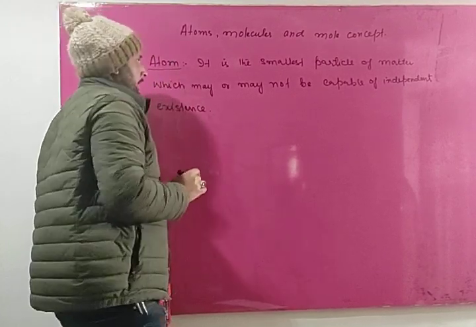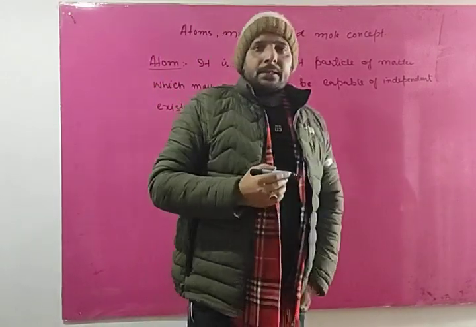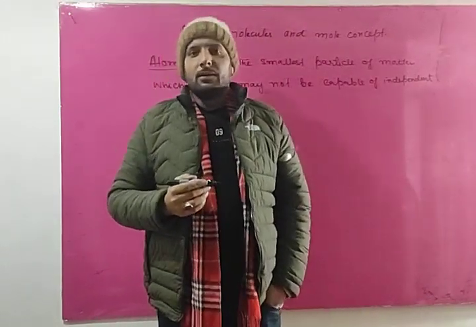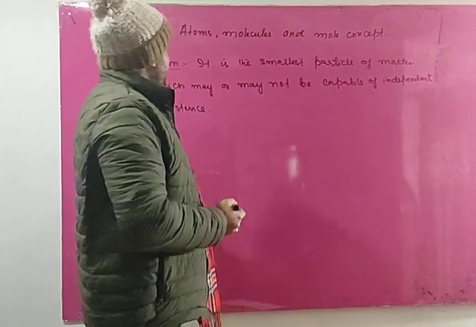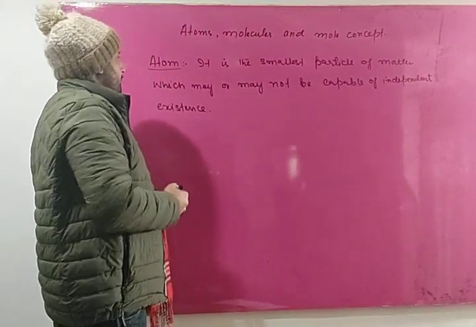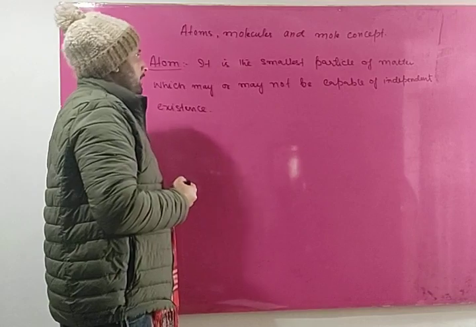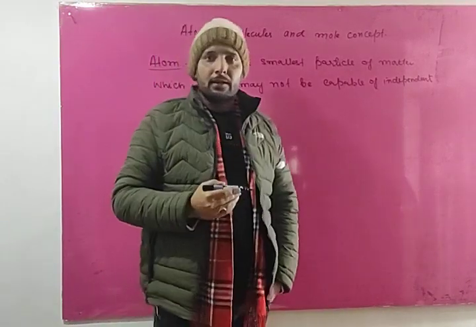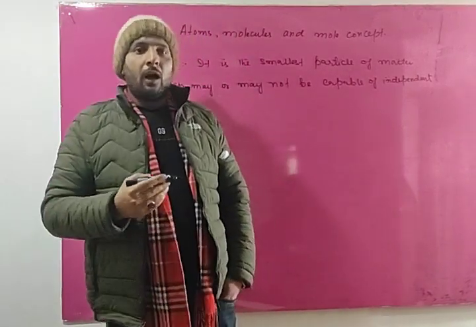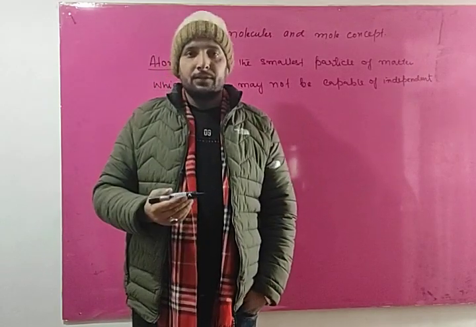All right, this is the basic definition of atom. So when we define atom, we say atom is the smallest particle of matter which may or may not be capable of independent existence. Then the question is, how do atoms exist?